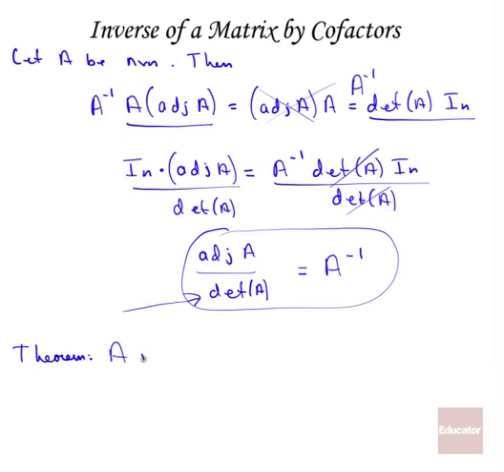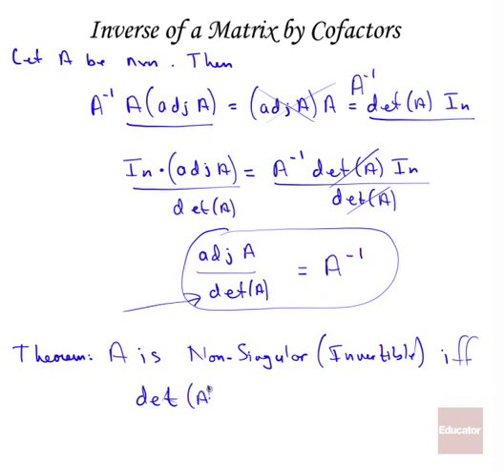A is non-singular, and remember non-singular meant invertible, it has an inverse, if and only if, which means is equivalent to, the determinant of A not being 0.